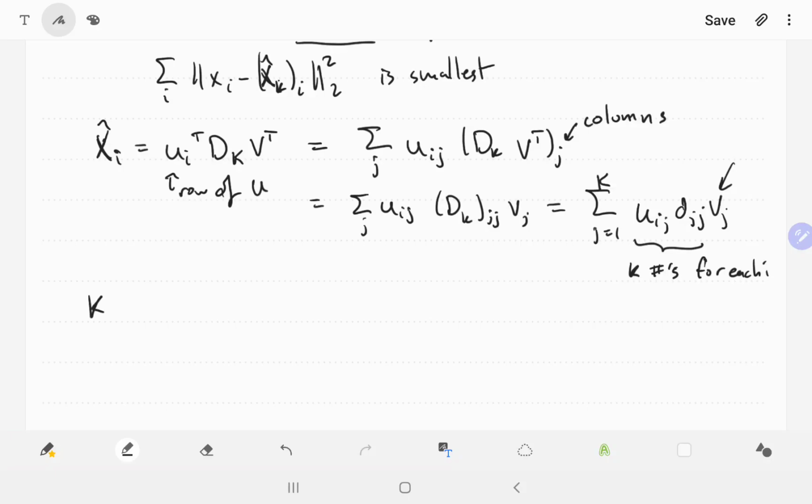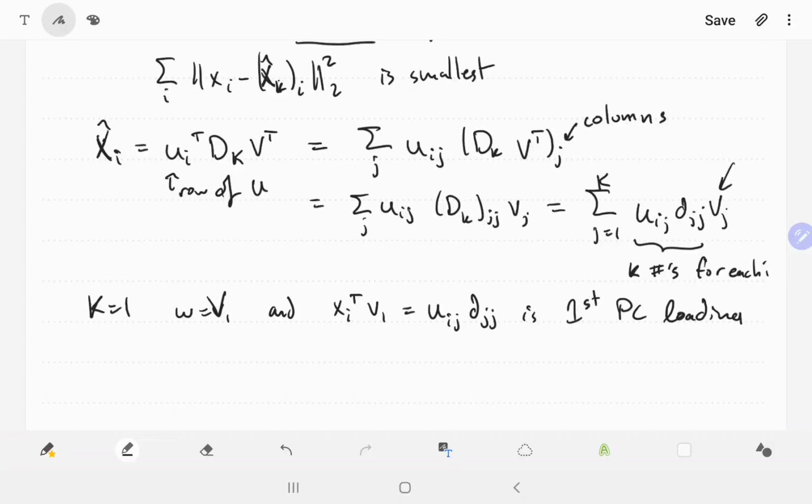And so for capital K equals 1, we have that W is equal to V1, which is the column of V. I'll write it capital V1. And then we have that x_i transpose V1, which should be equal to u_ij d_jj. This is the first principal component loading. This is loading on the first principal component.